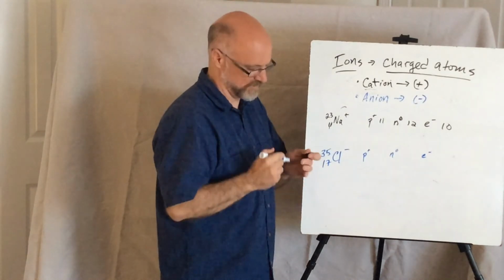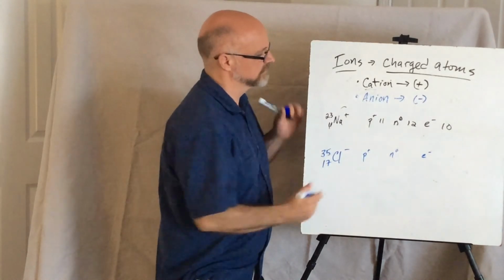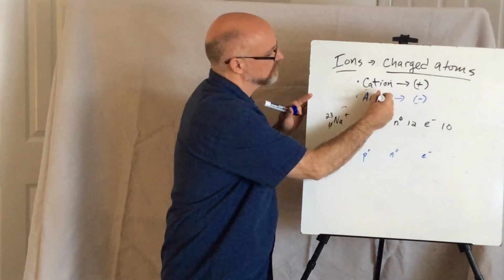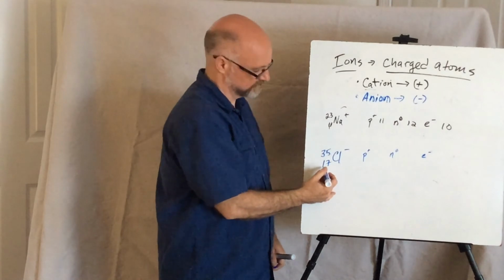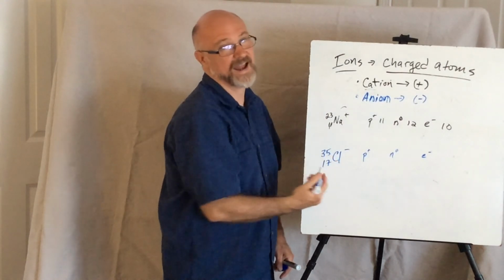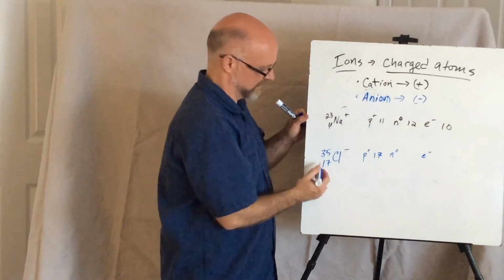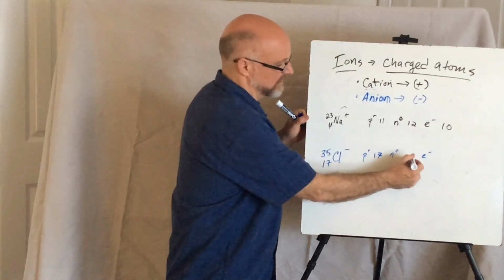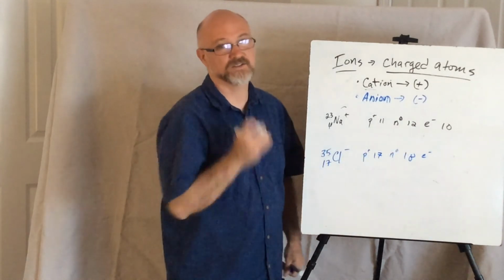On the other side of the coin, with our anion, here's chlorine. An isotope of chlorine that has a mass of 35. If it's chlorine, it has an atomic number of 17, so 17 protons. 35 minus 17, there are 18 neutrons.